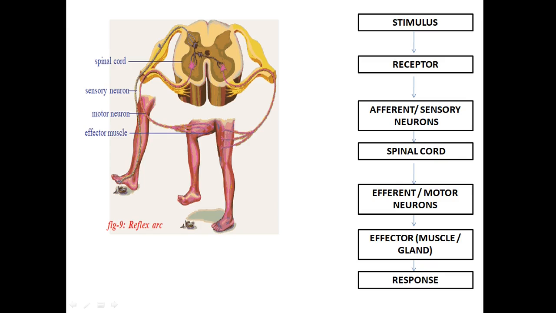Then the effector muscles of the leg help to withdraw the foot. Here withdrawing the foot is the response. So, a pathway where nerve impulses carry messages in a reflex action is called a reflex arc.